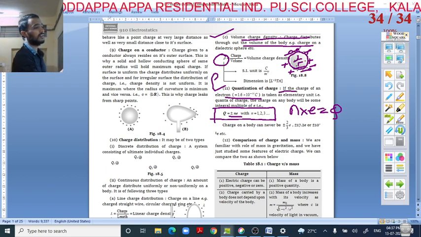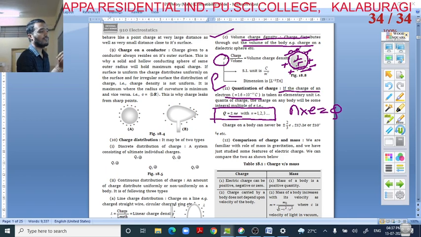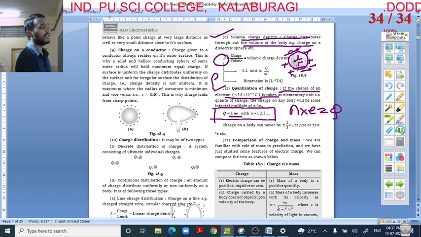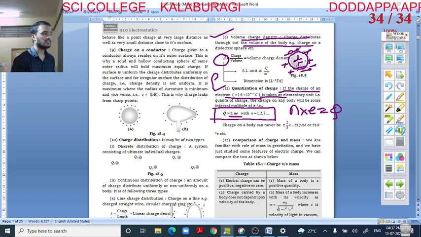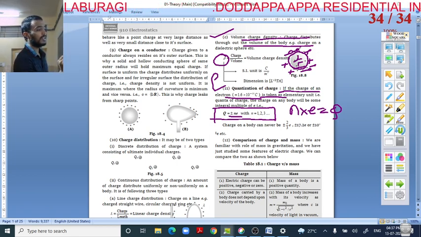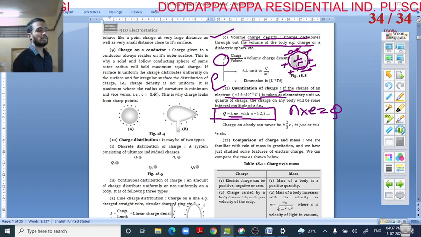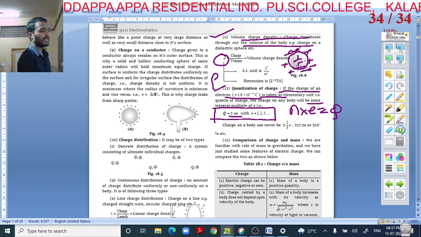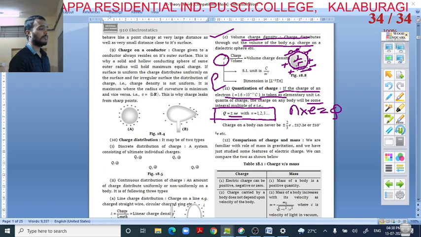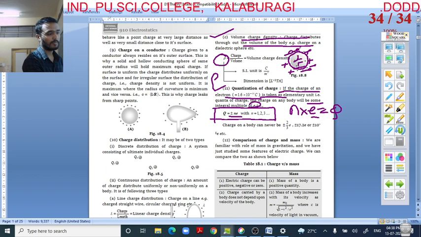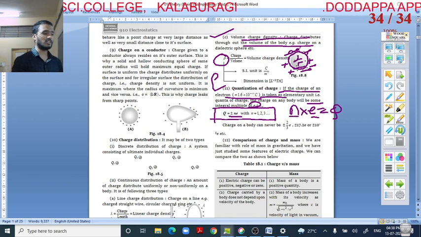Here it is given: if the charge of an electron, 1.6 into 10 to the power minus 19, is taken as the elementary unit, that is the quanta of charge, then the charge on any body will be some integral multiple of e. That is what quantization is.